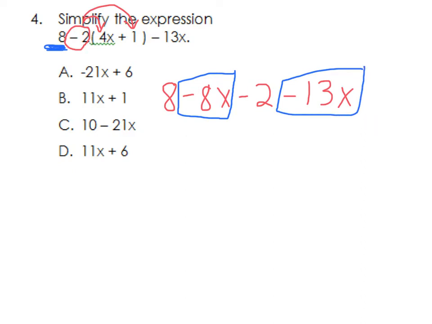And I've got negative 8x minus 13x. So I've got negative 21x. And then I've got to circle my numbers. So positive 8, negative 2. 8 minus 2 is positive 6. So my answer is A.